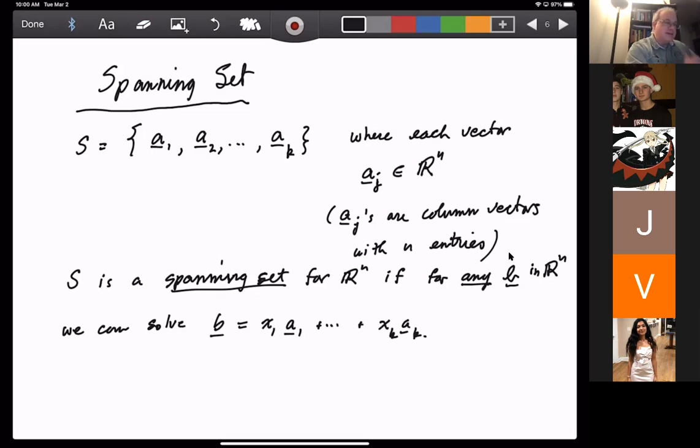In other words, any n component vector we can represent as a linear combination of the vectors in our spanning set.